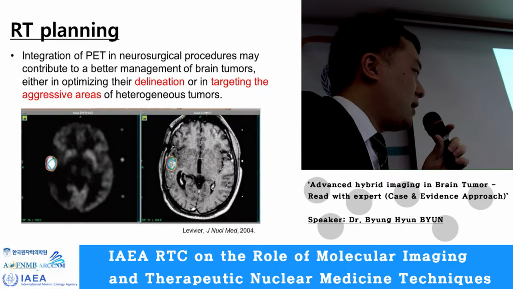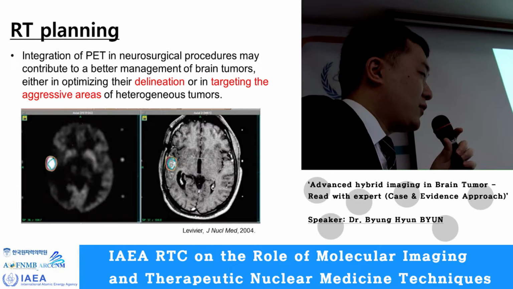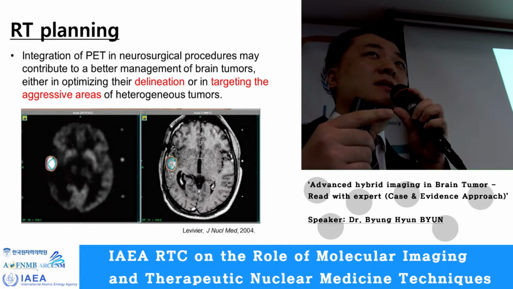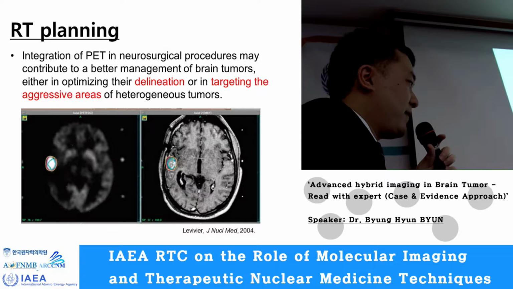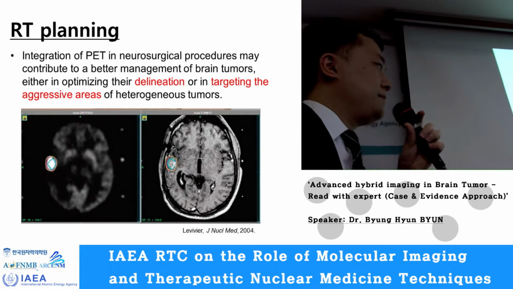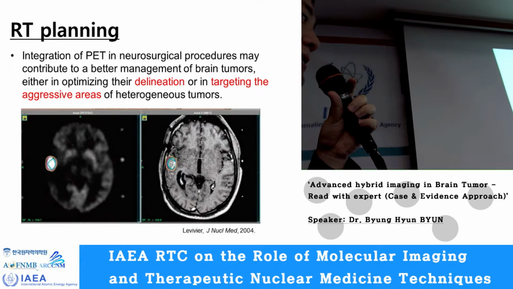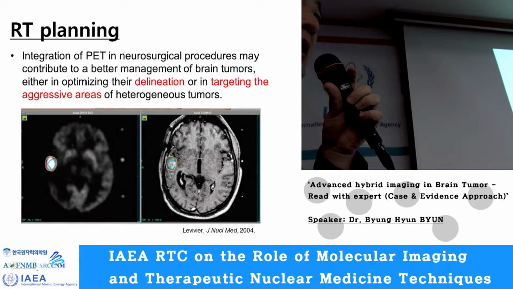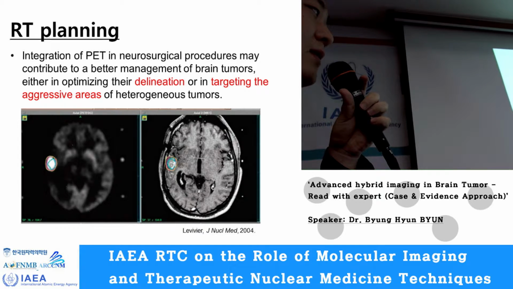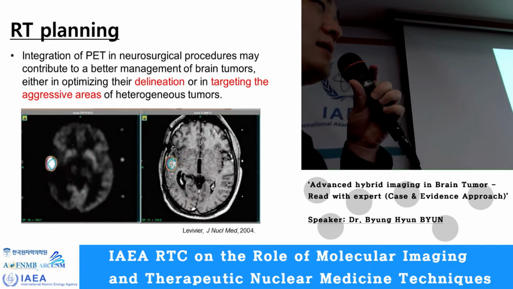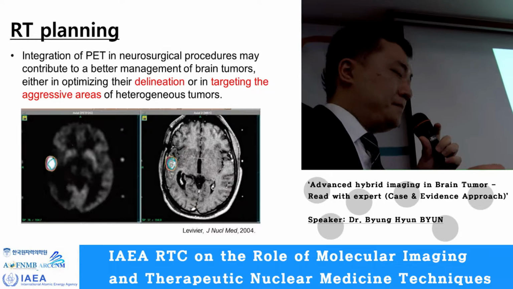For example, the blue line shows the tumor region with a higher FDG uptake than the surrounding tumor regions. Then we can combine this region of interest with the MRI. On the co-registered images, we can define the area with the high FDG uptake.